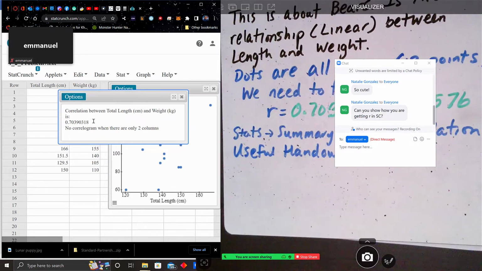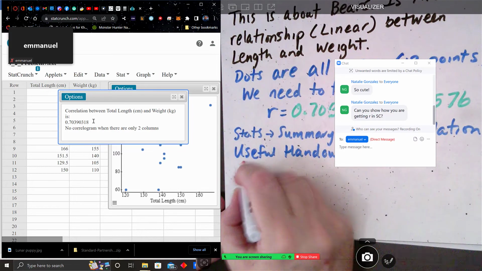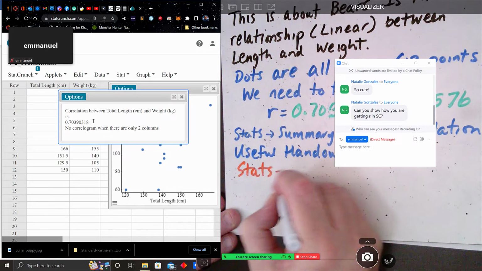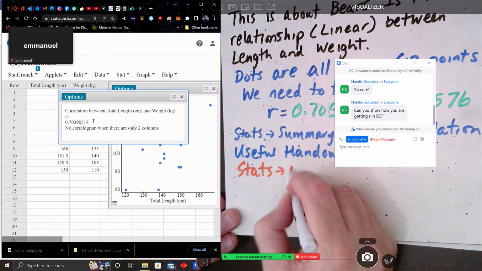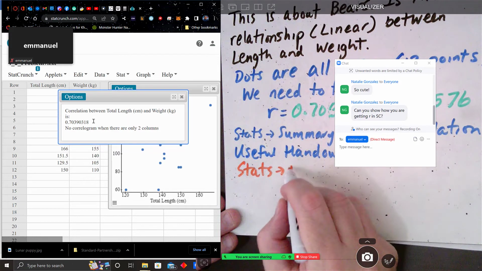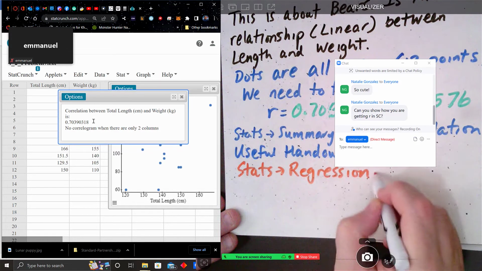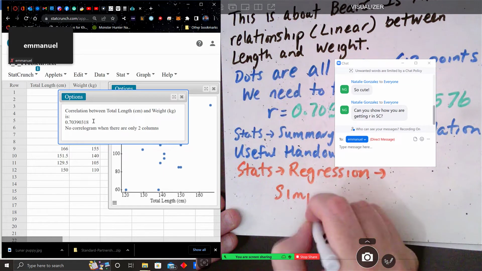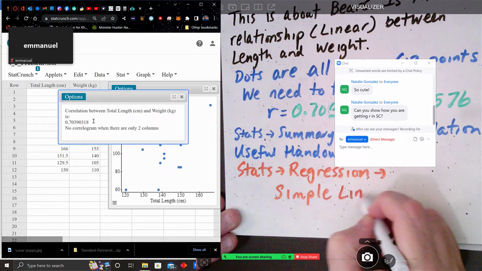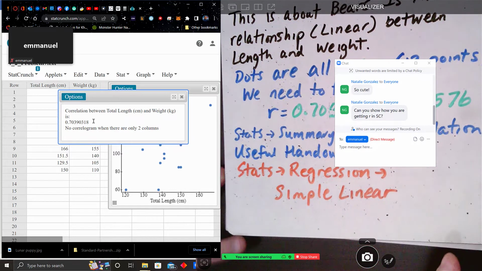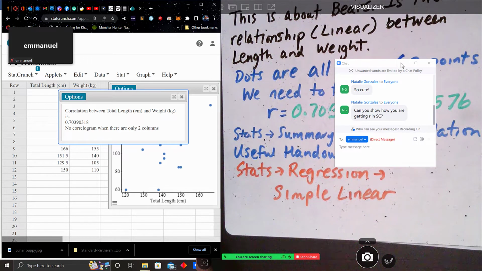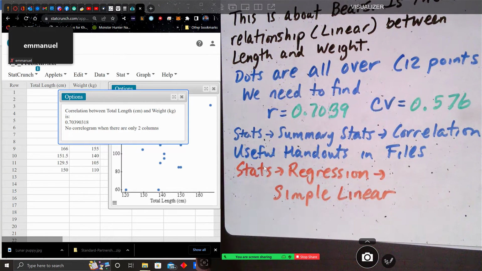We can also do stats, regression, simple linear. But I will wait to let you guys finish writing that stuff down before we do it.